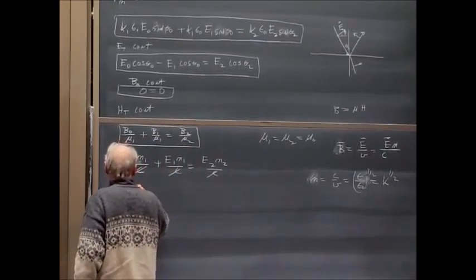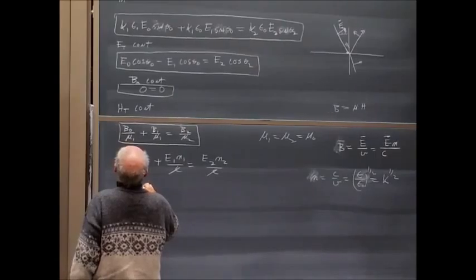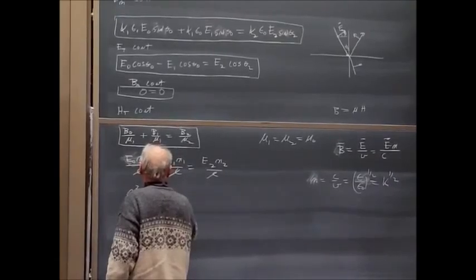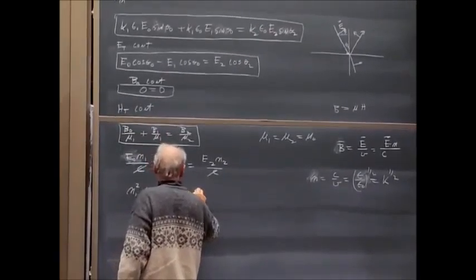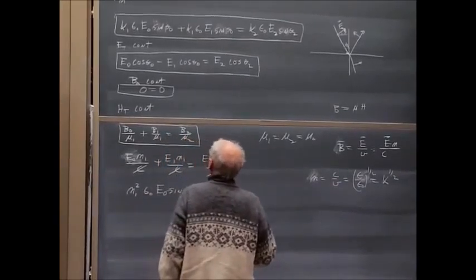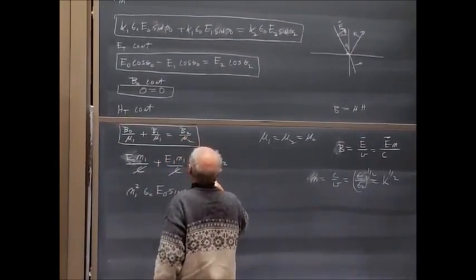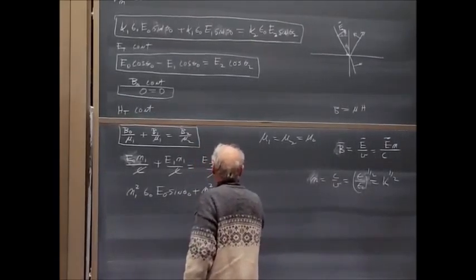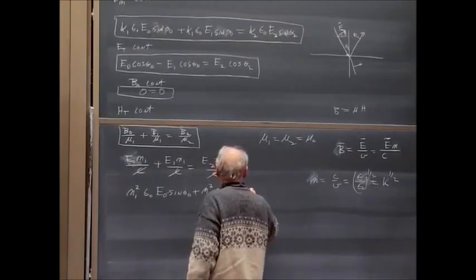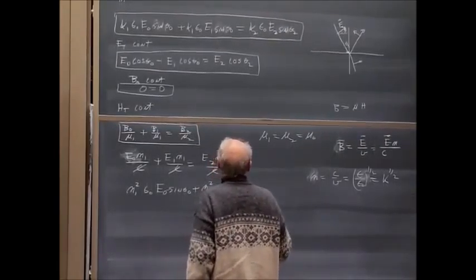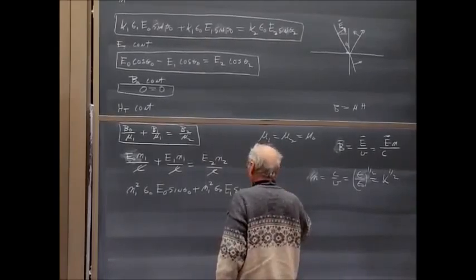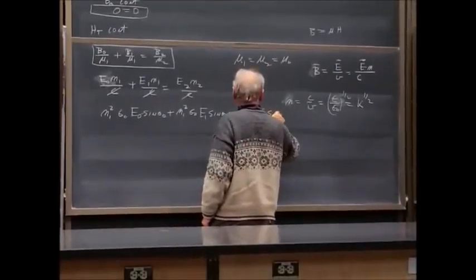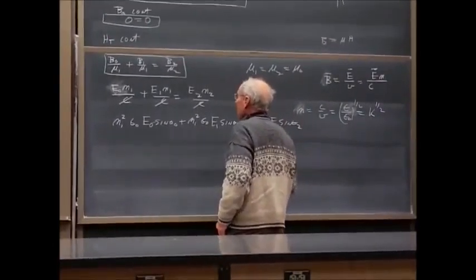So I have n1 squared epsilon 0 E0 sine theta 0 plus n1 squared epsilon 0 epsilon 1 sine theta 0 equals n2 squared epsilon 0 E2 sine theta 2.